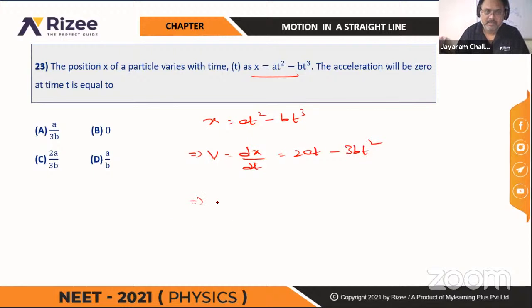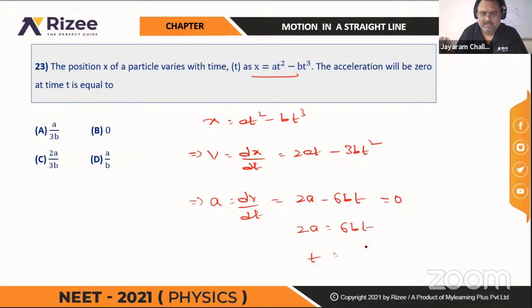Next, acceleration a is equal to dv by dt. So that is 2a minus 6bt. Acceleration should be equal to 0. So when this is equal to 0, 2a is equal to 6bt, and the time at which it is happening is a by 3b. So this is the one he has asked.